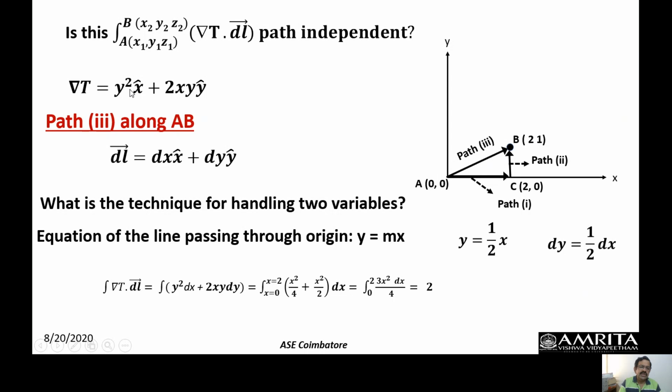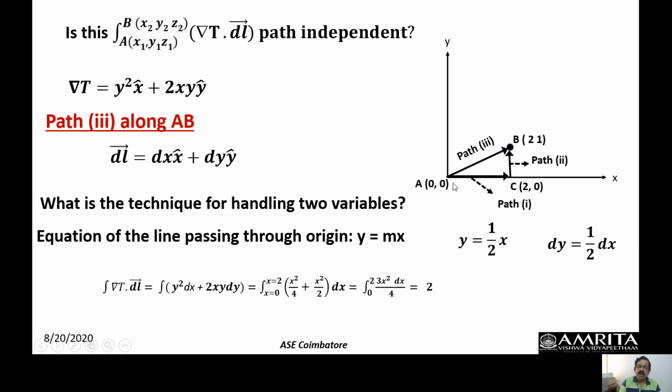So what I have done here is I have taken the dot product, and once I substitute, y is there. The way I have attacked this is that I have substituted all y's in terms of x and also dy in terms of dx. So once I do that, I am going to get 3x square by 4 dx.